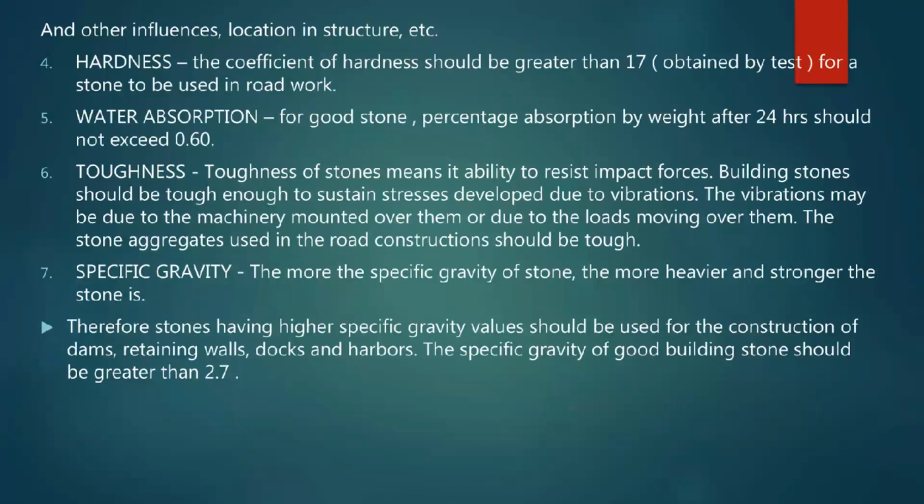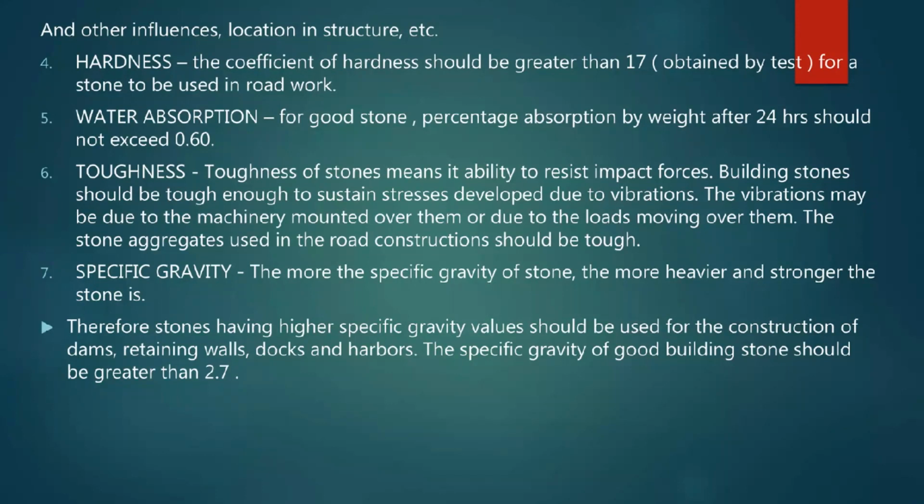For a good stone, the percentage absorption by weight after 24 hours should not exceed 0.6 percent. You take a 50 gram stone sample and immerse it in 100 ml of distilled water for 24 hours, and then check the final weight of the stone. It should not exceed 0.6 percent of the initial weight; then it is a good stone. If it exceeds 0.6%, it should not be used for building purposes.